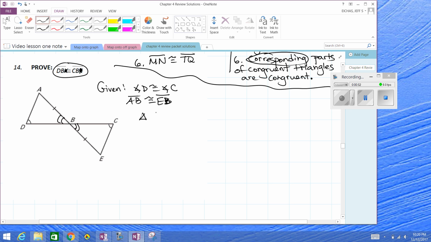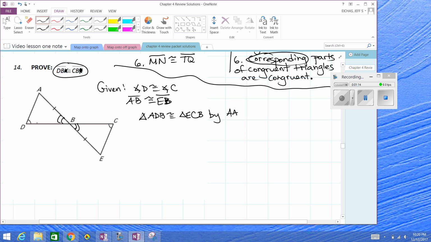And what I think we can prove now is that triangle ADB is going to be congruent to triangle, let's get the letters right. A doesn't have a mark, neither does E, so they must be the same. D is, yep, going to match with C, and then of course B.